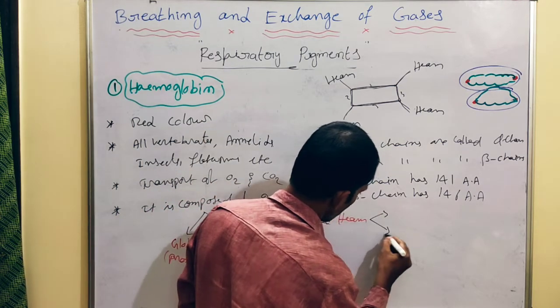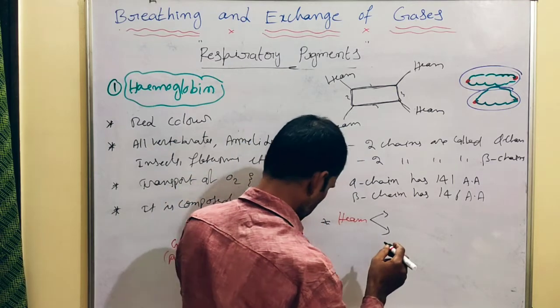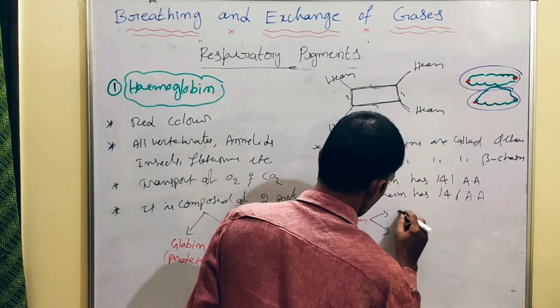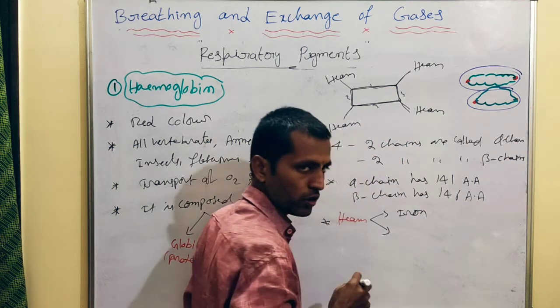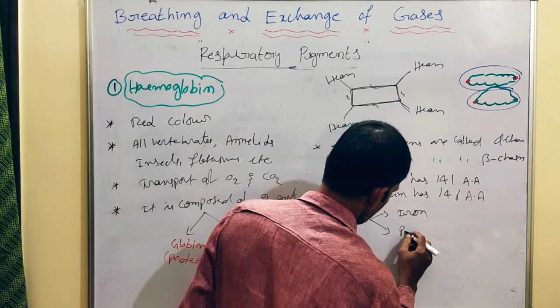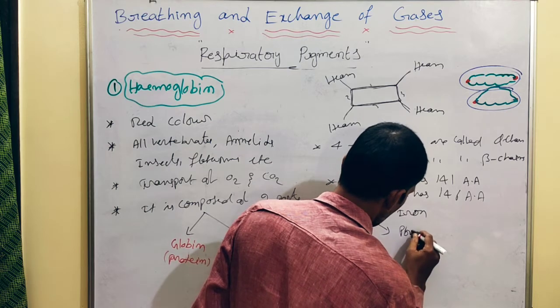Then come to the heme part, the non-protein part. It is composed of two things: iron, the metallic one, and porphyrin.